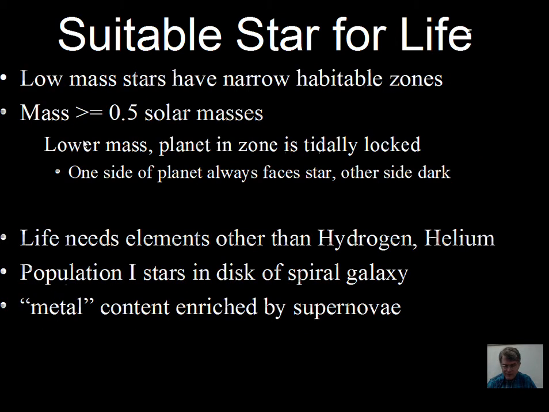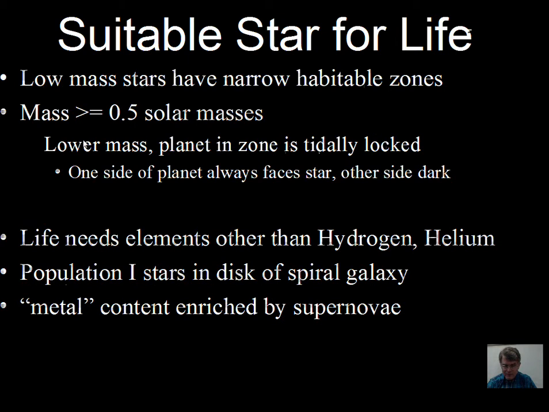If we have a smaller mass star, it turns out the region, the distance away from the star, where we'd have liquid water on the planet becomes narrow, more narrow than when we have a larger star. And there's a problem when we have this narrow habitable zone. It ends up being close to the star in a region where the gravity of the star causes tidal lock.